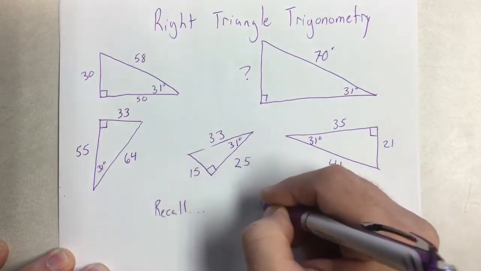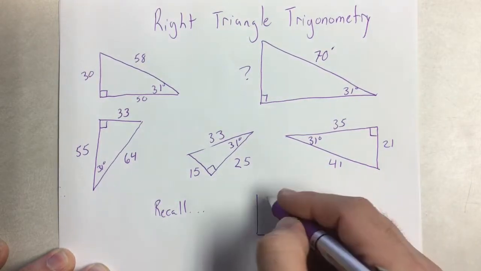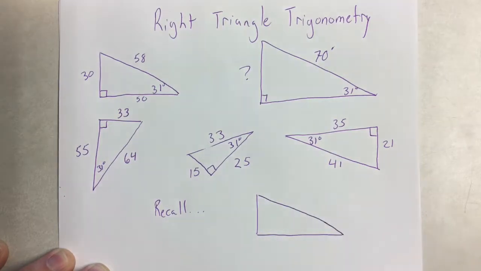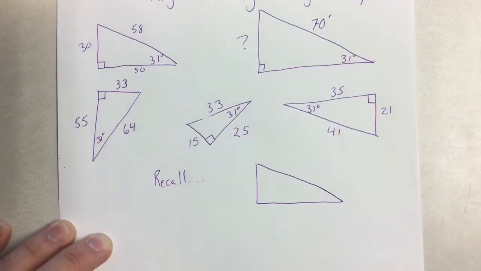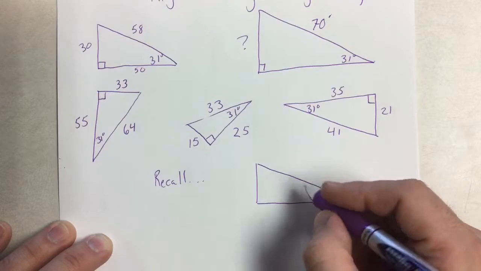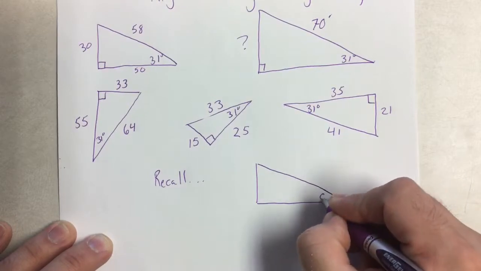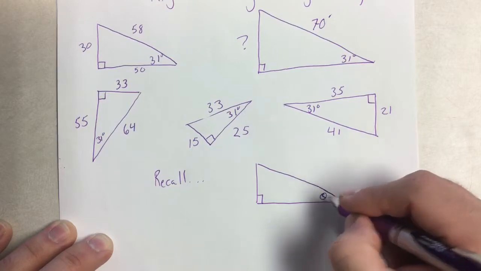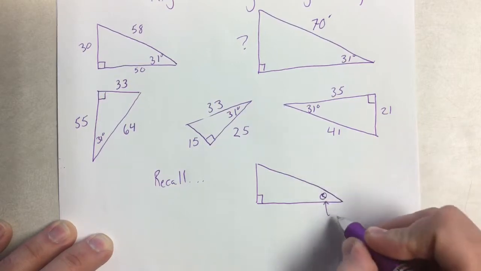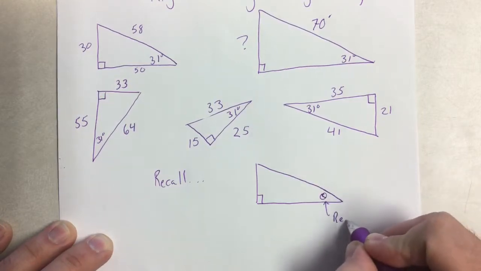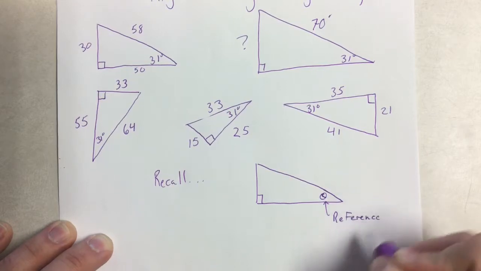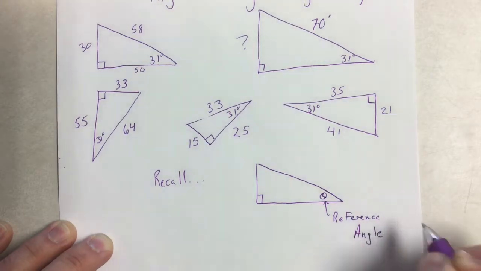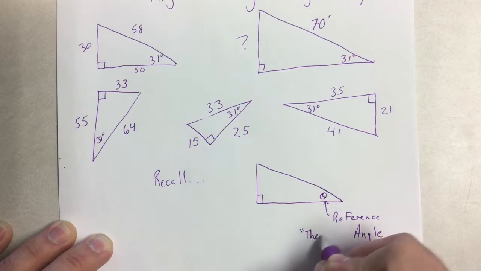So let's say we had this triangle. First thing is, this little symbol represents theta. This we are going to call our reference angle.